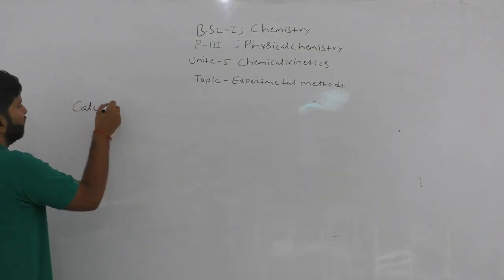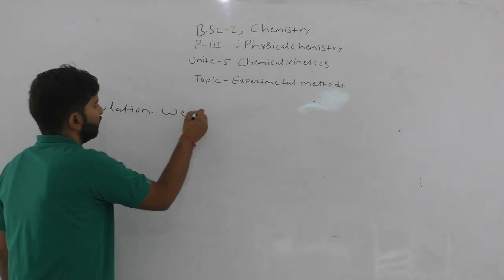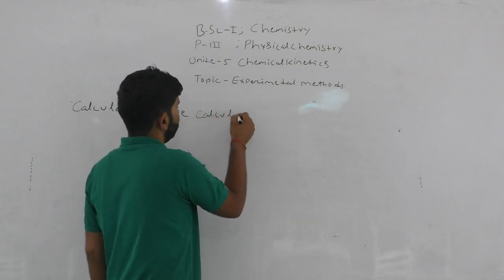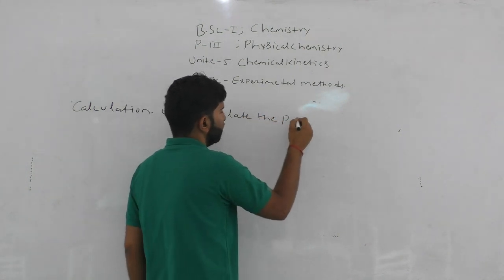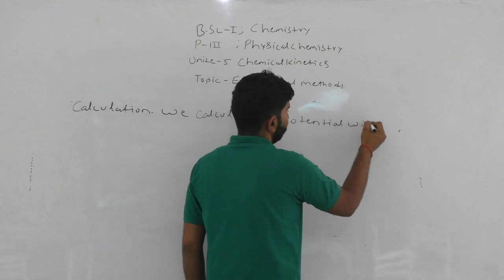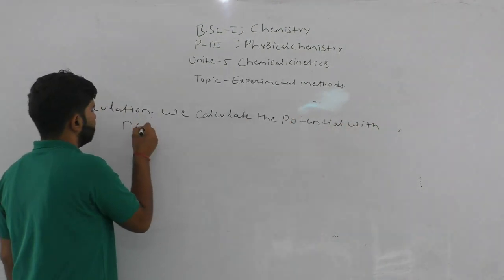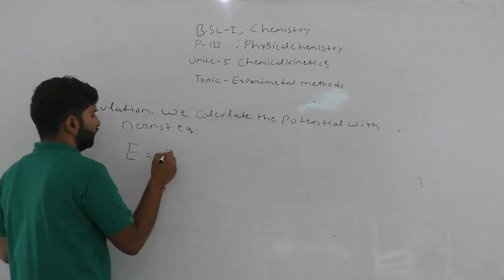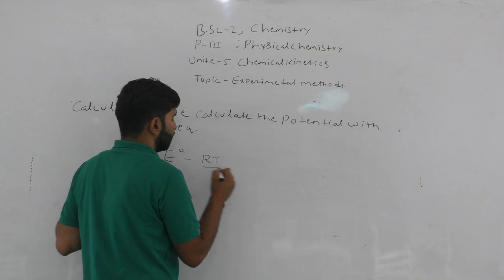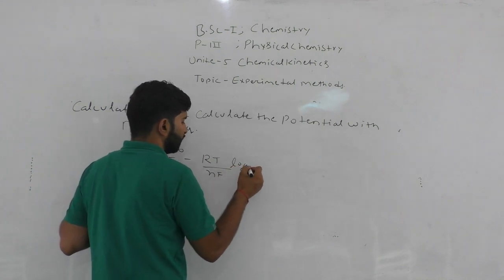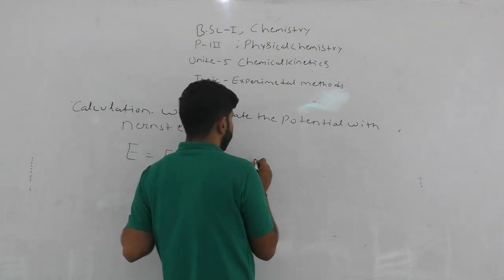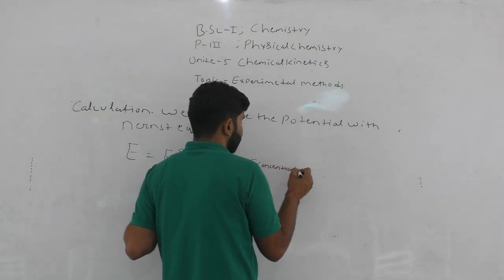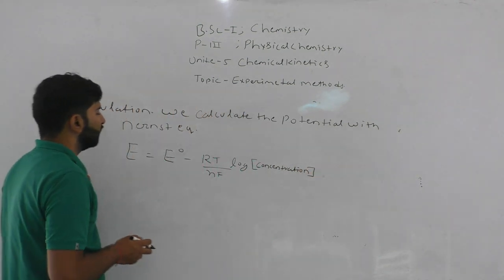Calculation. We calculate the potential with the Nernst equation, which says that the electrode potential is given by this, this is the Nernst equation.